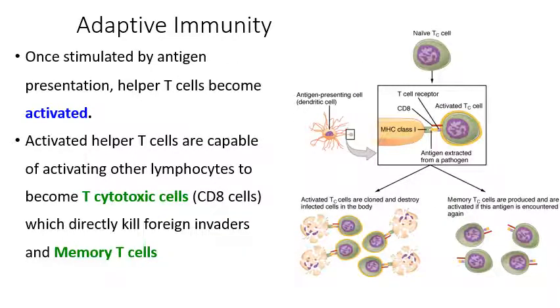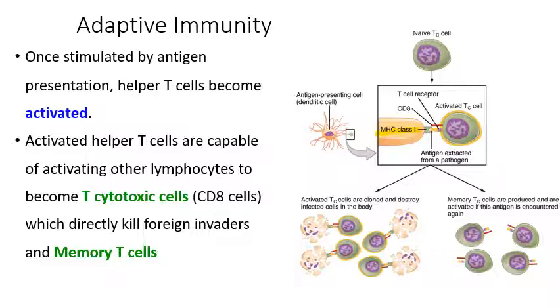Here's another picture of that antigen presentation. This is a typo. It should say MHC class II is presenting that antigen to the T cell receptor. But once that has happened, this active T helper cell is going to be able to activate a whole bunch of other T cells.